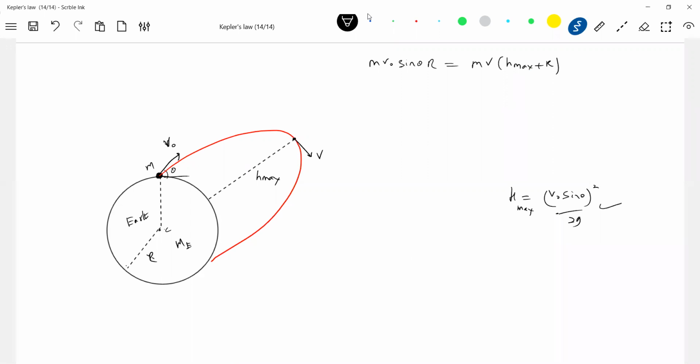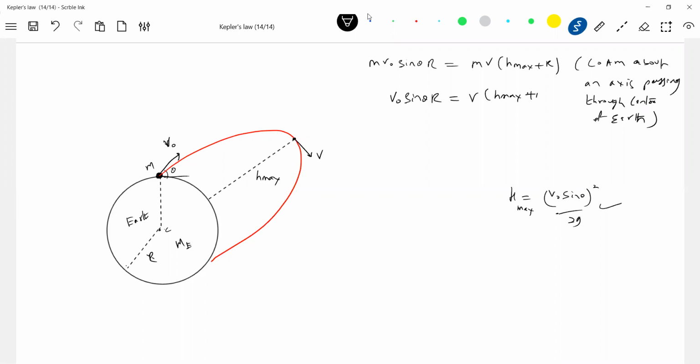This is conservation of angular momentum about an axis passing through the center of the earth. Mass of the particle is m, so that will get eliminated. So v naught sine theta r equals v into h max plus r.